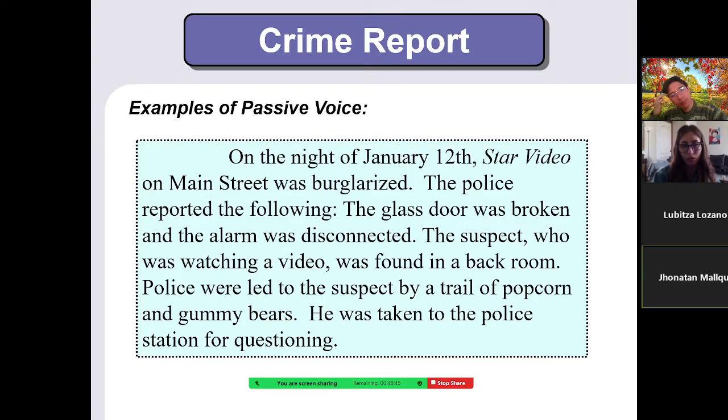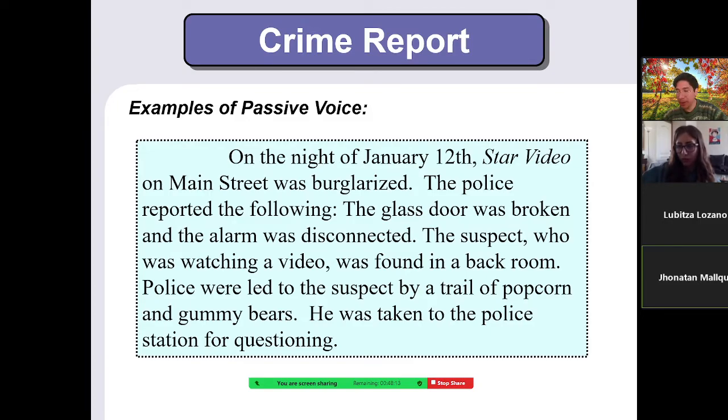The suspect, who was watching a video, was found in a back room. Police were led to the suspect by a tray of popcorn and gummy bears. He was taken to the police station for questioning.